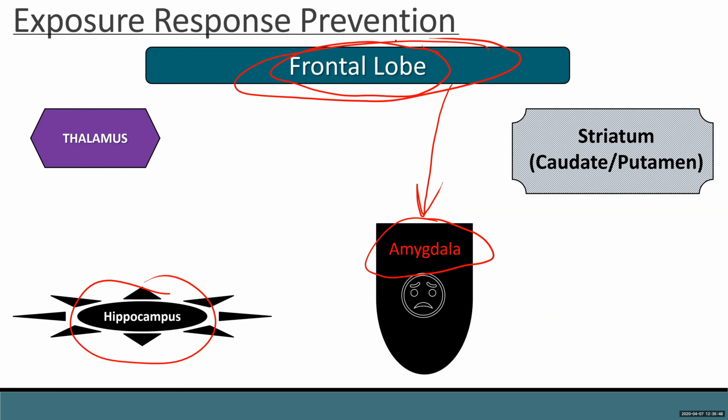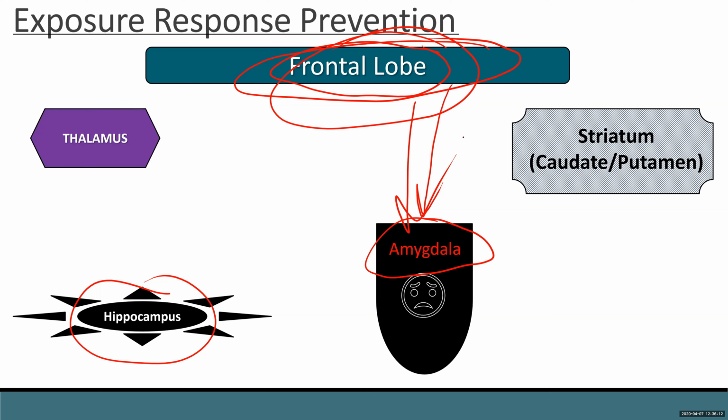Now, with exposure response prevention, what we're doing is basically exposing ourselves to something that's very anxiety provoking. We're putting ourselves in a situation that really makes our anxiety go through the roof. And by doing this over and over again, we learn that every time we do it, we reason through it and we quiet down our amygdala.